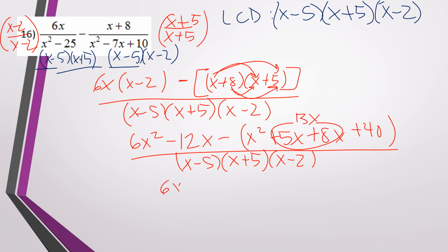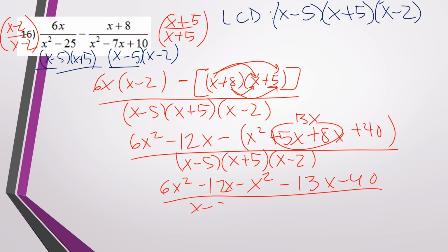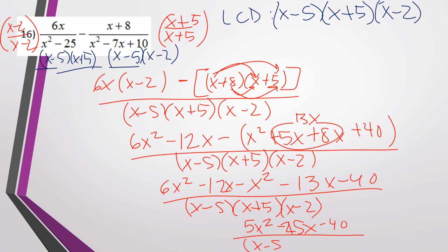So 6x squared minus 12x minus x squared minus 13x minus 40 all over x minus 5, x plus 5, and x minus 2. Combine your like terms, so 6x squared minus x squared would be 5x squared. Negative 12x and negative 13x is negative 25x, and then minus 40, all over x minus 5 times x plus 5 times x minus 2.